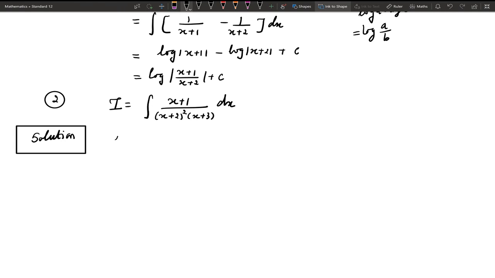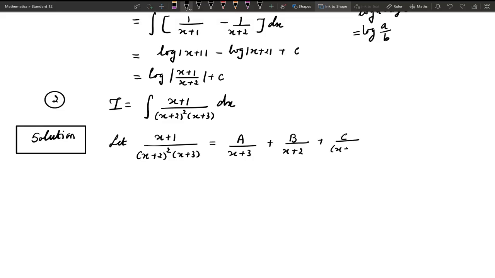So let x plus 1 upon (x plus 2) square (x plus 3) equal to a upon x plus 3 plus b upon x plus 2 plus, since the square is there, c upon x plus 2 whole square. If a cube is there, you have to expand this as d upon x plus 2 cube and so on.